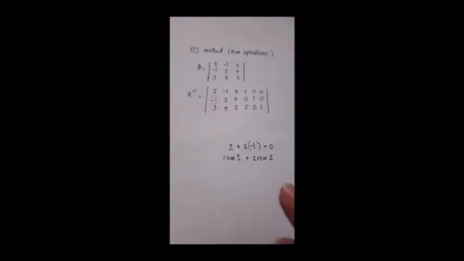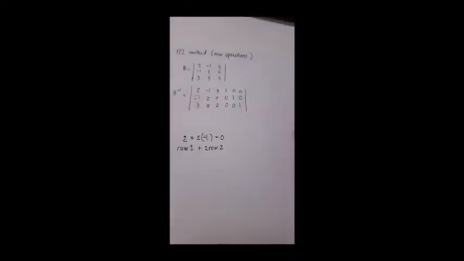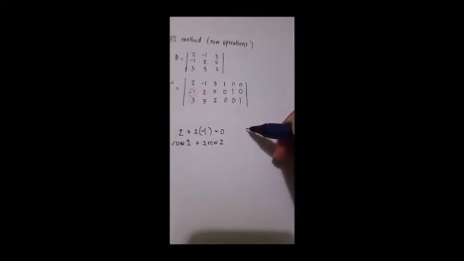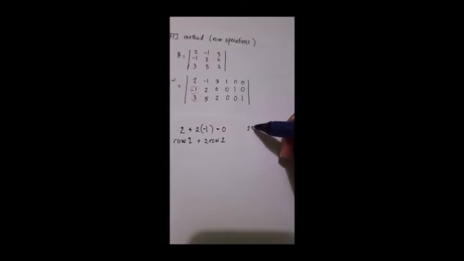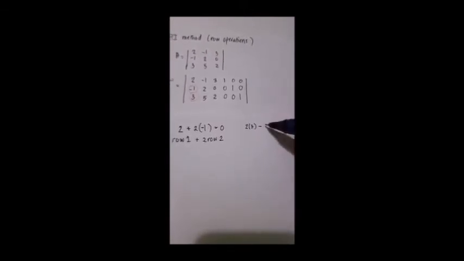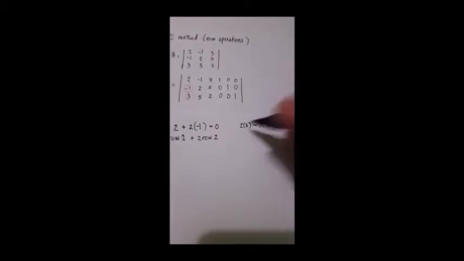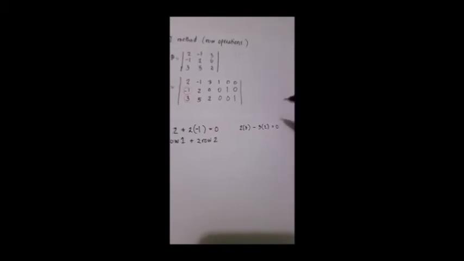O, how about yung 3? Of course, sa 3, pwede kong sabihin na when I multiply 2 by 3 and subtract 3 times 2, that will become 0, diba? 6 minus 6.